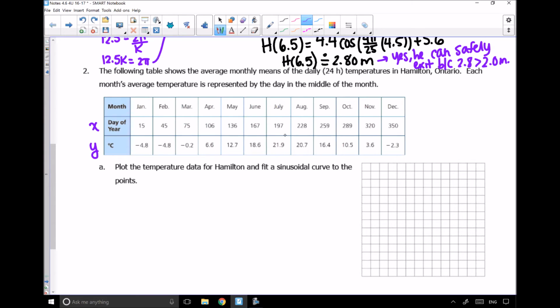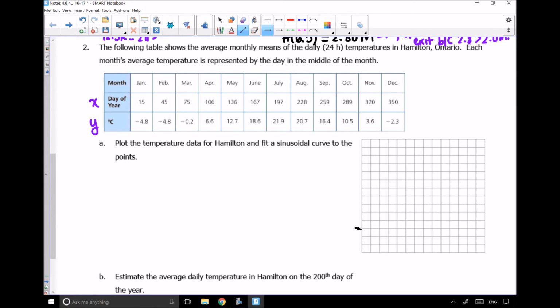And we've got some negatives and some positives for our y values right here. So I'm going to place, since my negative values aren't that low, I'm going to place my x-axis somewhere over here. And I'm going to label this my days of the year. So these are days of the year, okay?